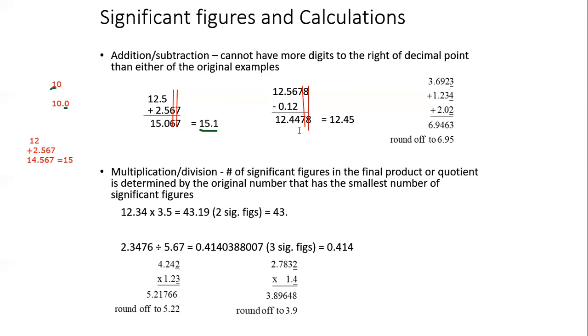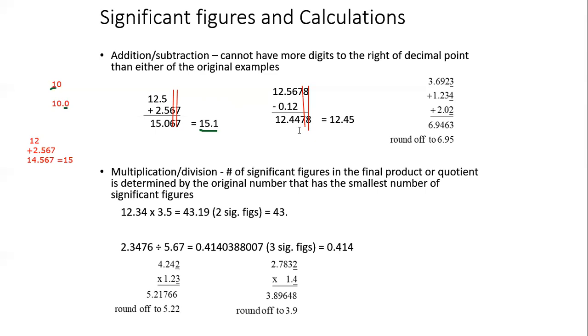Now, if you have a combination of addition and subtraction and multiplication and division, you just use the rule for multiplication and division, which is that the answer has as many significant figures as the number in the problem with the fewest significant figures.